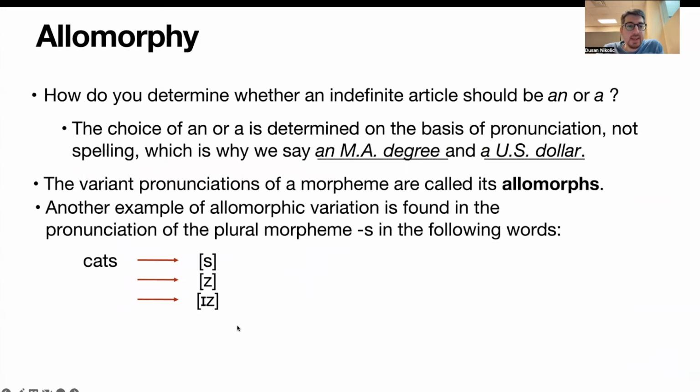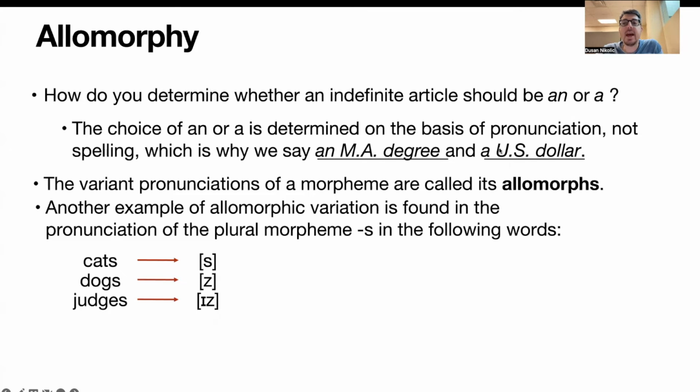How do you determine whether an indefinite article should be an or a? Right. So the choice is determined based on pronunciation, not spelling, which is why we say an MA degree and a US dollar. It's U, yes, Y letter. It's not really a vowel, it's a consonant. So an goes before a vowel and a goes before a consonant.